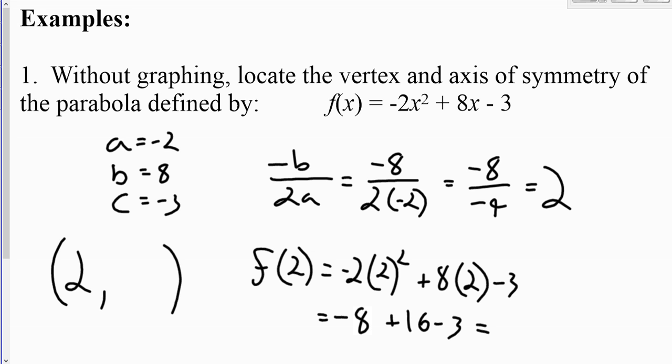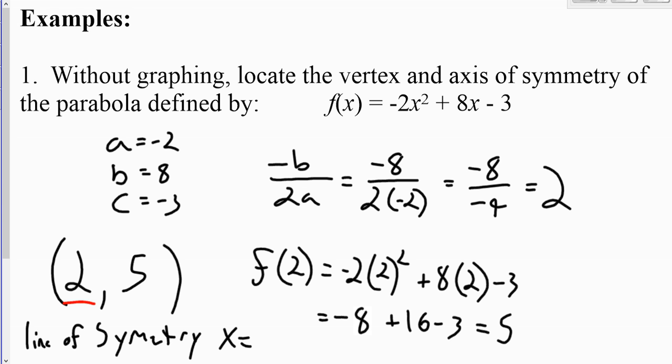So I have 8 minus 3, which is 5, so the vertex is (2, 5). Because the x value of my vertex is 2, I know that my line of symmetry is x equals 2.